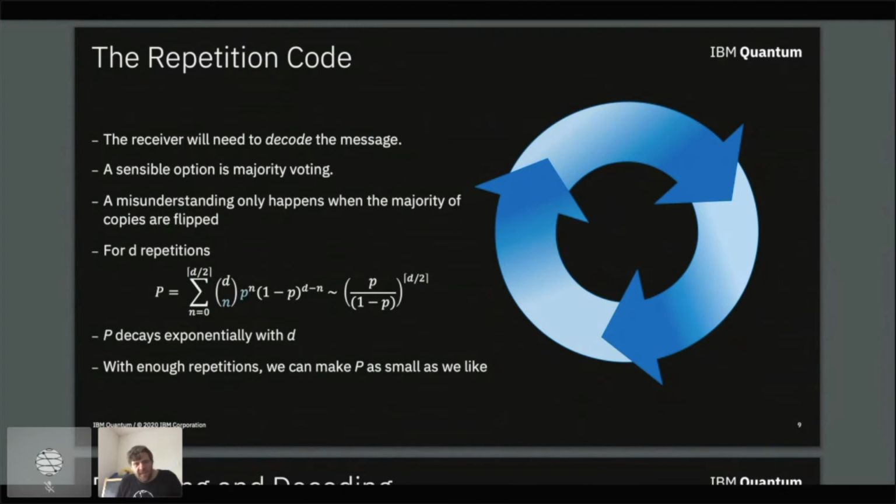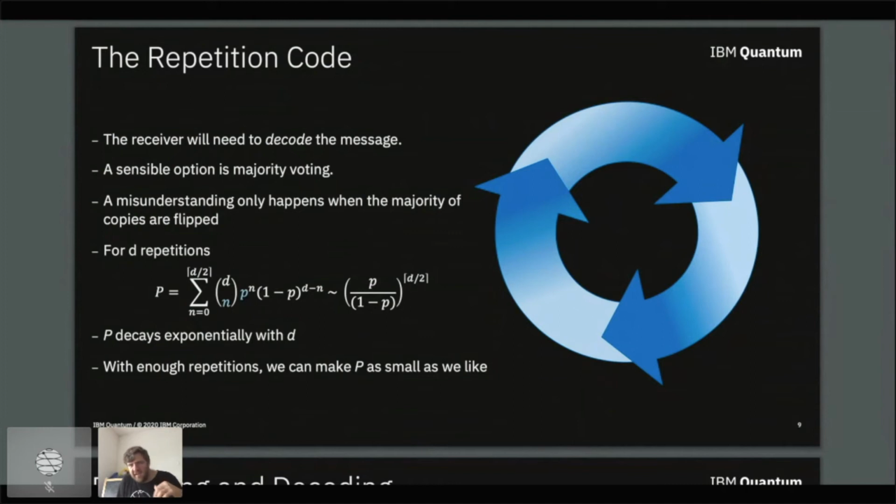So the probability of something going wrong when you repeat 3 times scales as p squared, because p is the probability that something is going to go wrong with each of your yeses or nos, and it's squared because you need 2 flips to flip the majority for 3. But if you repeated it 5 times, it'll be p to the 3.